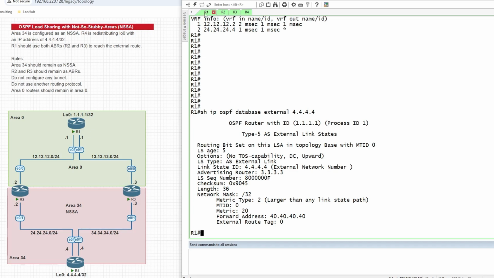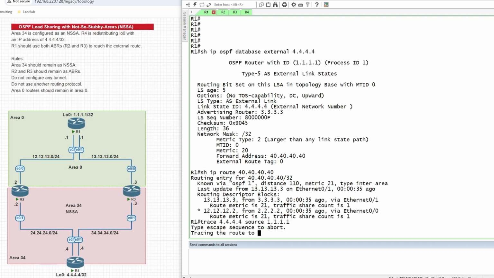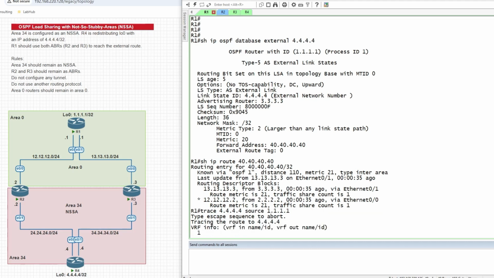And if we go to R1 and look at the path to 40.40.40.40, we go through R3 and R2 because we have equal cost paths. So a trace now from R1 to R4, we expect this to load share between R2 and R3.